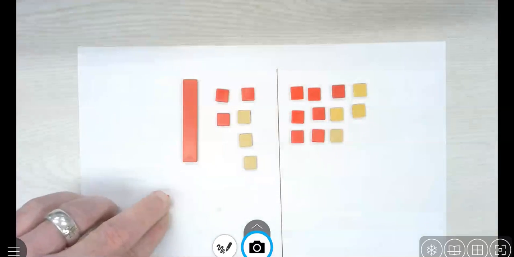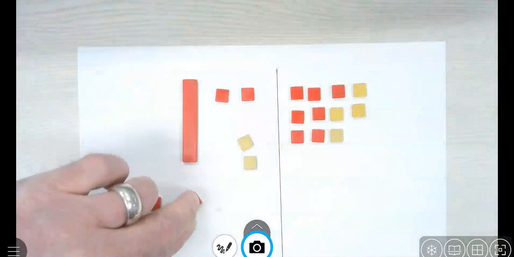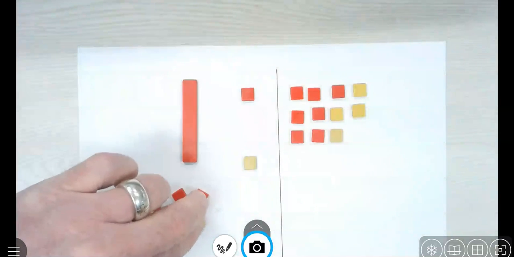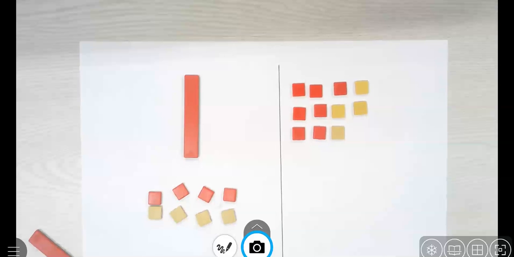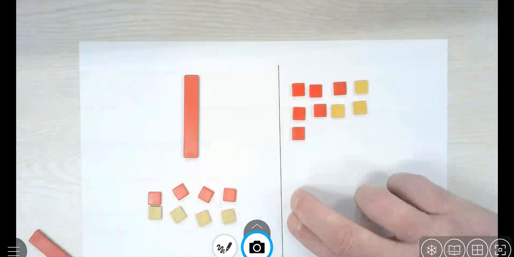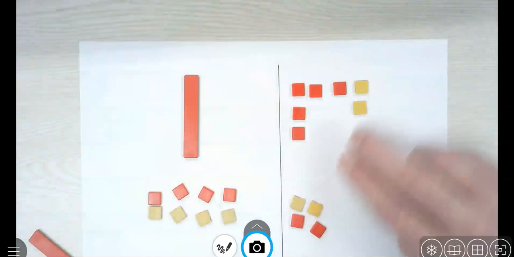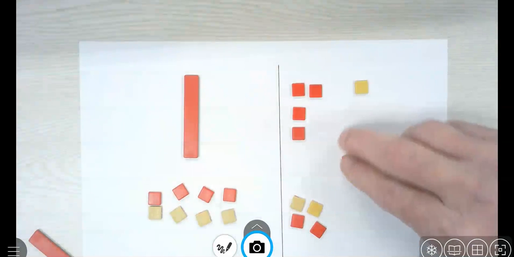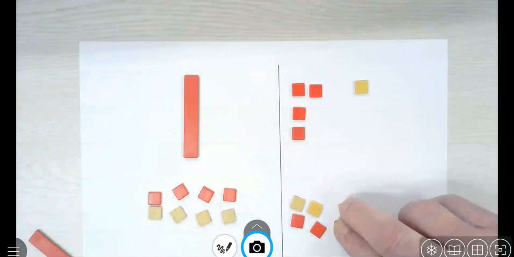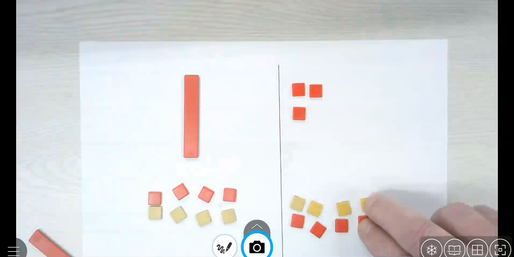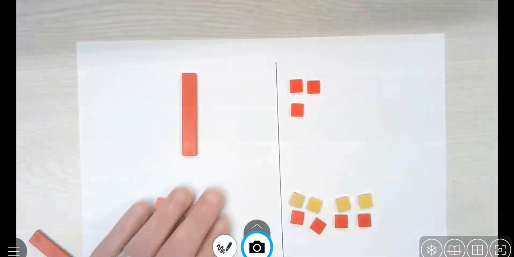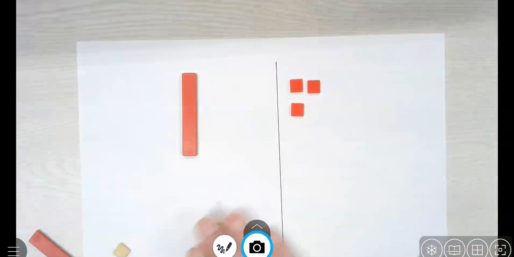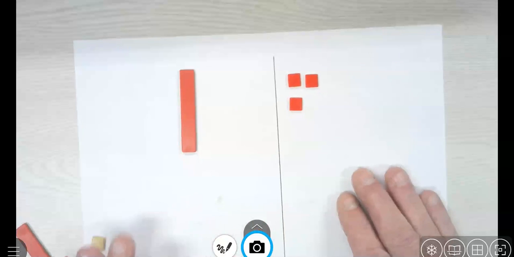I've created 4 0 pairs on the left, and then 4 0 pairs on the right. So all of this is 0, and all of this is 0 on each side. So we can remove those. Let's slide those out of the way. We don't need those anymore.